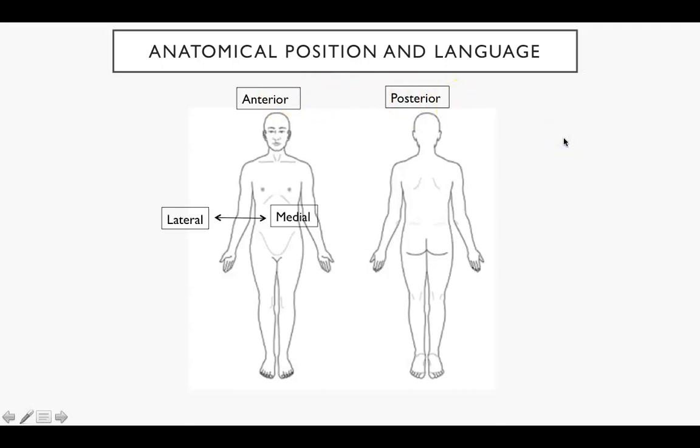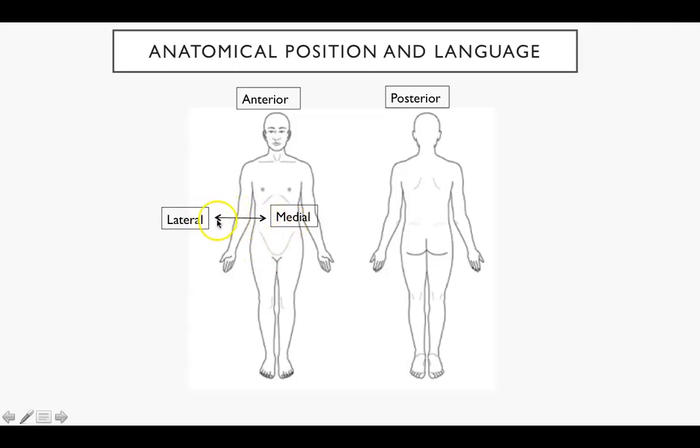We also have medial and lateral. Remember that medial was towards the midline of the body. Imagine you have a line directly down this person, straight down, vertically all the way through the middle of them. Towards that line, i.e. an arrow going inwards, is classed as medial.